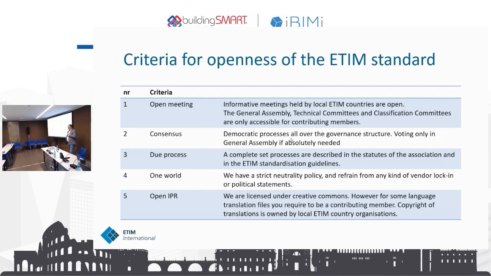However, for some language translations, these files may require a contributing membership because it's the copyright of the national chapter. They put in the work, they need to finance that work, and sometimes they ask for a contribution on their part. And we don't have anything to say about that. But there are some languages openly available and some are not.